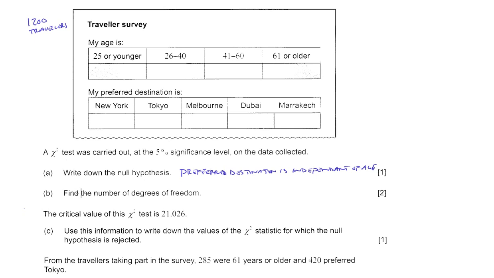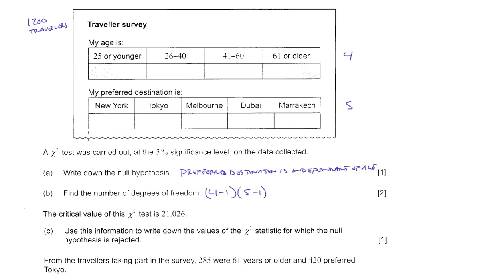Part B says find the number of degrees of freedom. We've got 4 things here and 5 things here. Degrees of freedom is going to be 4 minus 1 times 5 minus 1, because you'd have the ages across the top and New York, Tokyo, Melbourne, Dubai, and Marrakech down the side.